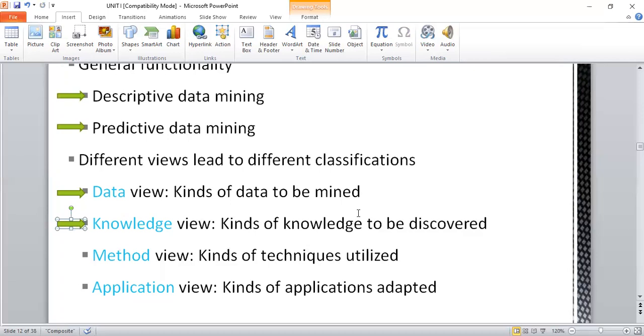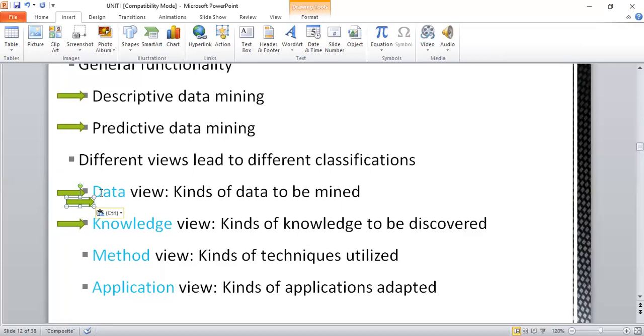It is based on the functionalities, including characterization, association, prediction, clustering, or any trend analysis, evolution analysis, you can say. That is the kind of knowledge we are trying to discover. If we are classifying data mining techniques according to the knowledge mined, then it will be on the basis of these kinds of functionalities. I hope you got the point.